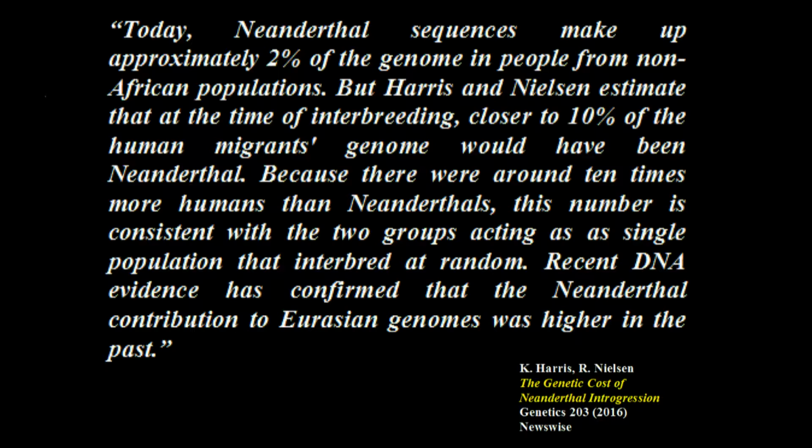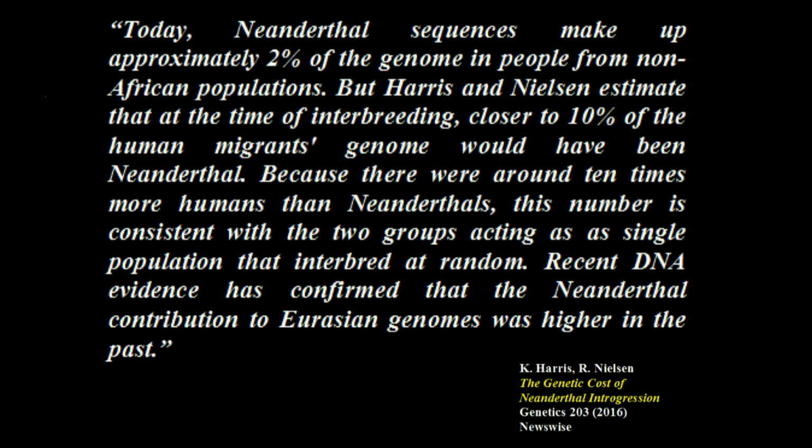Here I have another case, because they want to show that humans lost a lot of the Neanderthal DNA over the years. That's how we ended up with 2%. We had a lot more in the past, and here's an article that gives you an idea. It comes from Harris and Nielsen, 2016, quoted by Newswise. It says, today, Neanderthal sequences make up approximately 2% of the genome in people from non-African populations.